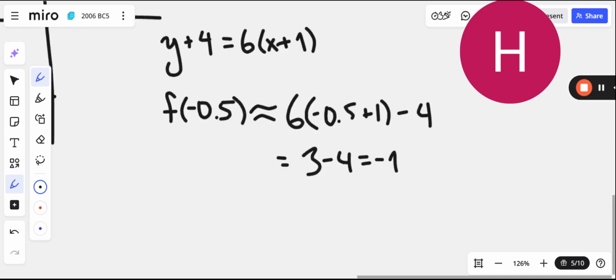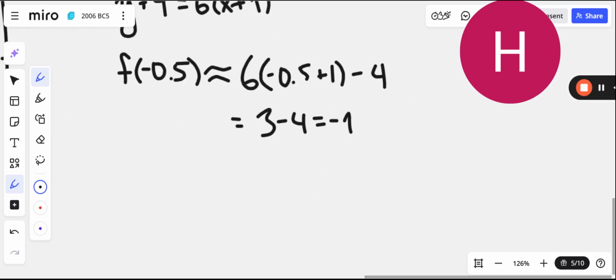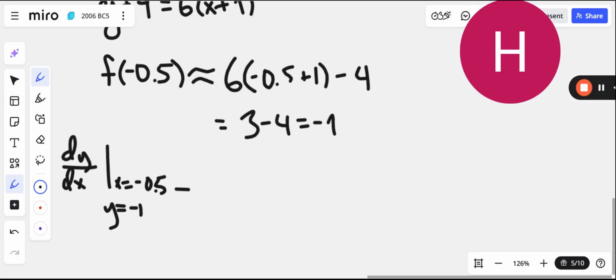Then from there we have to find what the new slope would be. So we have to find dy/dx at this new point where x is -0.5 and y is -1. So that's going to be equal to 5x squared over 4, I think it was minus 6 over y minus 2.